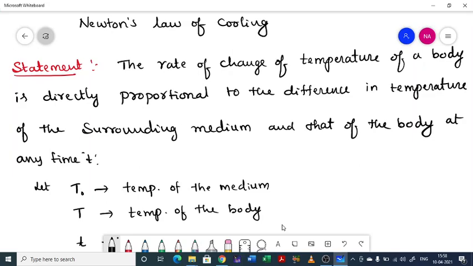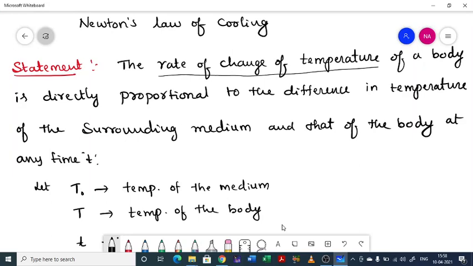The statement for Newton's law of cooling is: the rate of change of temperature of a body is directly proportional to the difference in temperature of the surrounding medium and that of the body at any time t. See, if you have a body that has some initial temperature, then the variation in the temperature we call the rate of change of temperature.